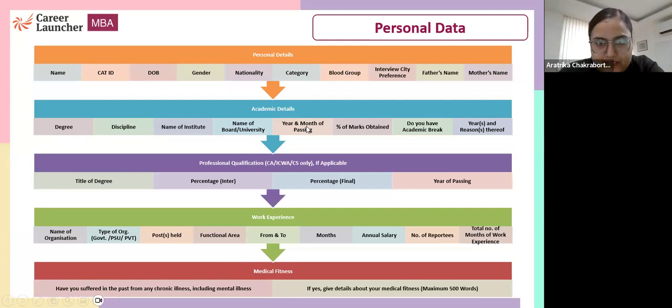Okay, I can see a question: does academic break also include any break after complete graduation? Yes, after complete graduation, if you have not worked at all, you have a certain amount, and after that you are considering another. See, academic break is when you have done any kind of post-graduation, not taking into consideration the MBA, maybe MTech.